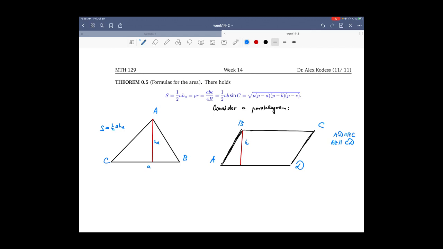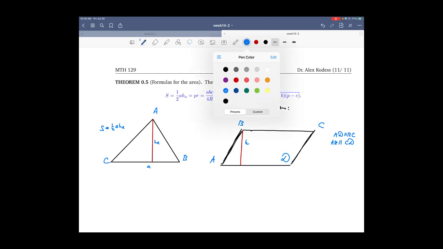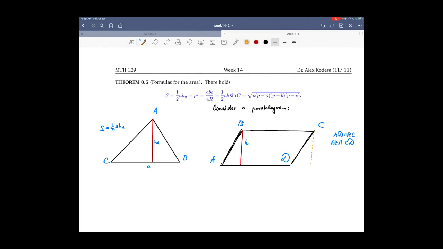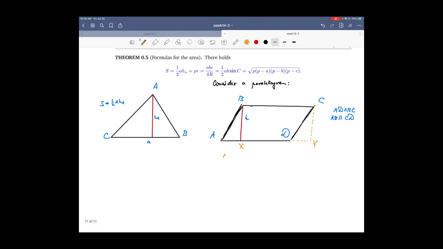The argument is very simple. We construct a point by dropping the perpendicular on AD from C and argue that the triangles ABX and CDY are equal.